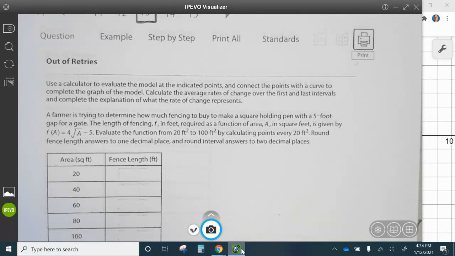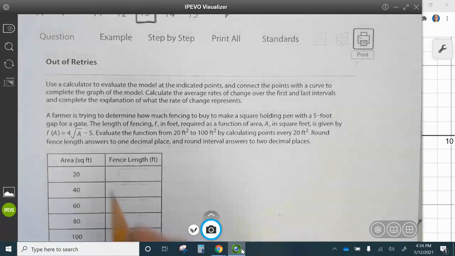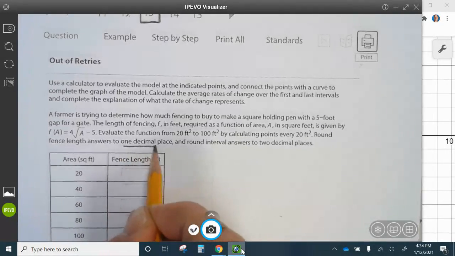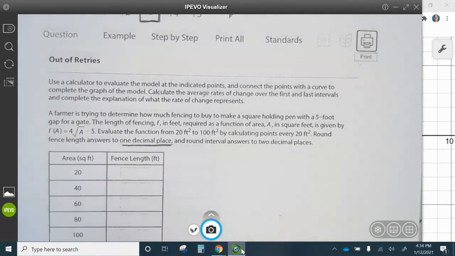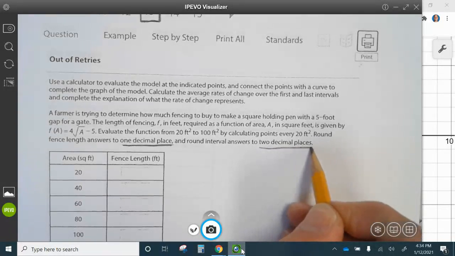The length of the fencing, f in feet, as a function of area A in square feet is given by f of A equals 4 square root of A minus 5. Evaluate the function from 20 feet squared to 100 feet squared by calculating points every 20 feet squared. Round the fence length answer to 1 decimal place, and round interval answers to 2 decimal places.